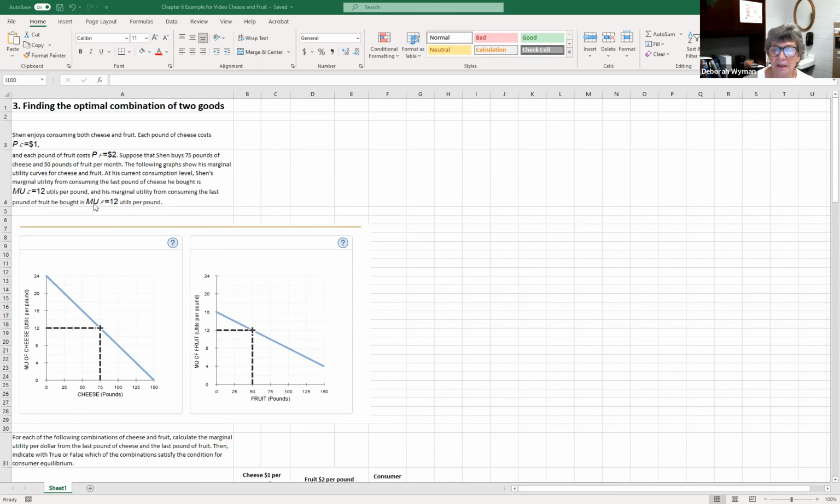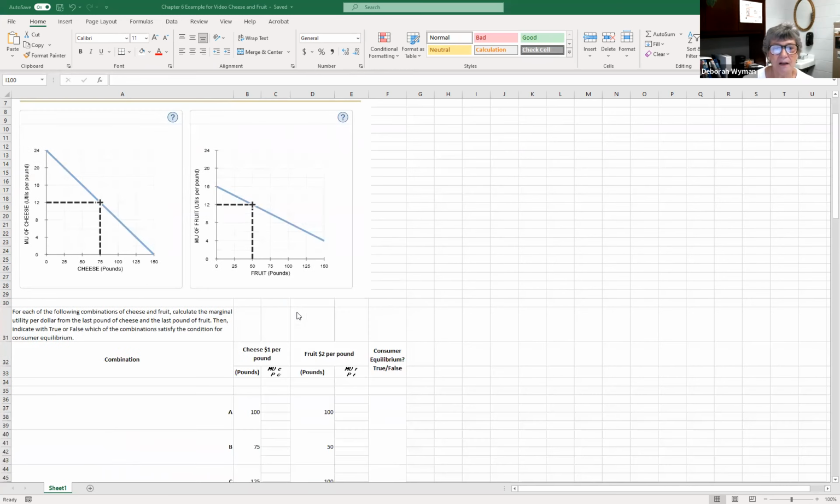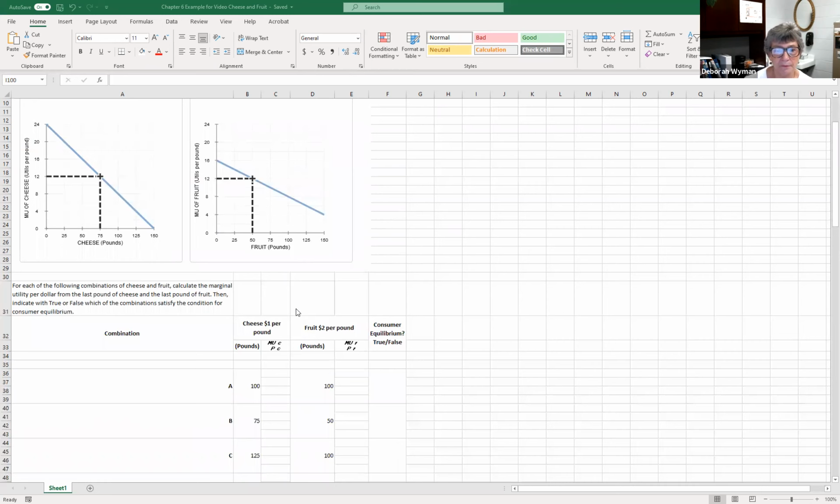MU is marginal utility, F is fruit, equals 12 utils per pound. So we see these graphs here. One is for cheese and one is for fruit. And you see the vertical line is the marginal utility for each, right? Cheese and fruit.